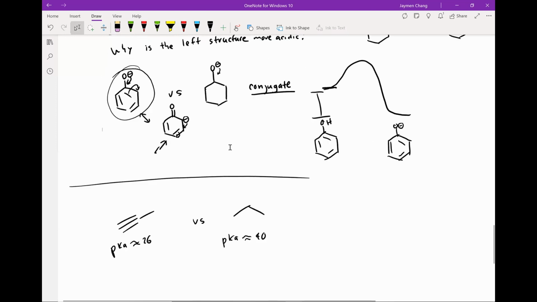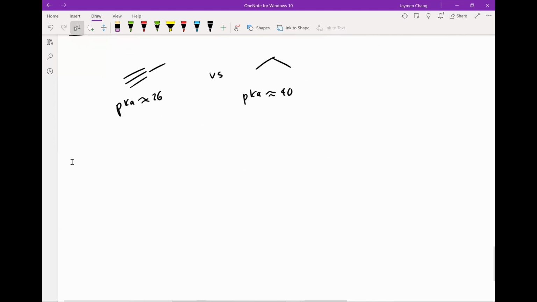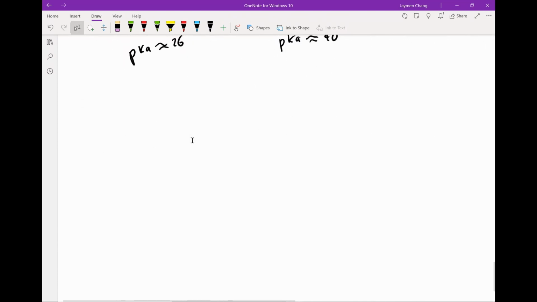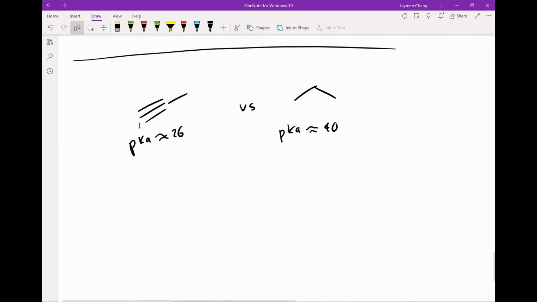All right, perfect. Okay, so now we're going to look at these two. And what we're going to see right off the bat is we have a huge pKa difference. And these two things are quite similar. There's just going to be three carbons. There's nothing really prevalent here that we can see that is creating the difference.